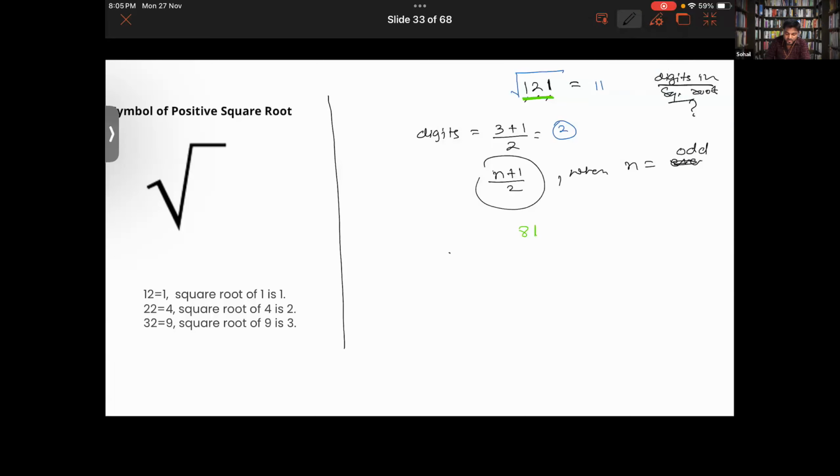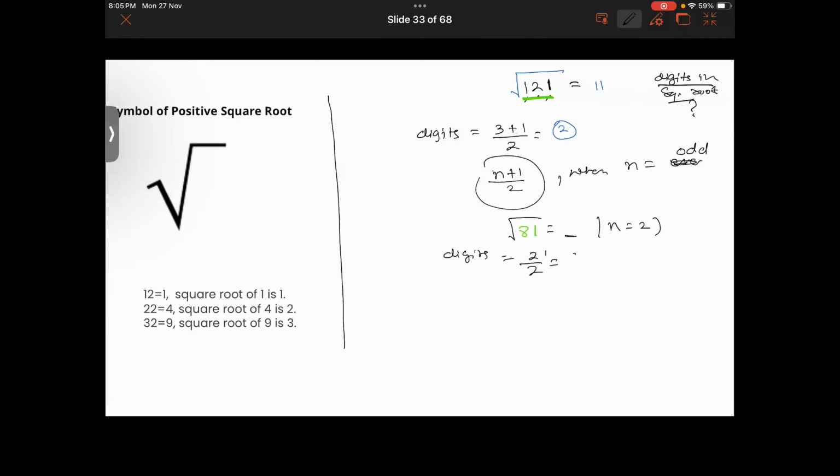So what is n here? N is 2 here, right? So the number of digits in the square root of 81 we need to find out. It will be 2 upon 2, that is 1. And we know root under 81 is 9. That is only one digit.